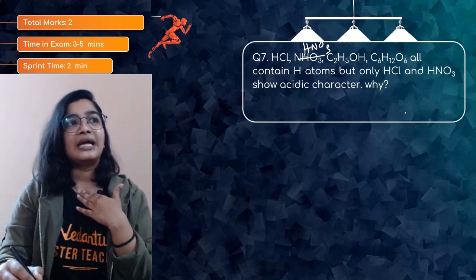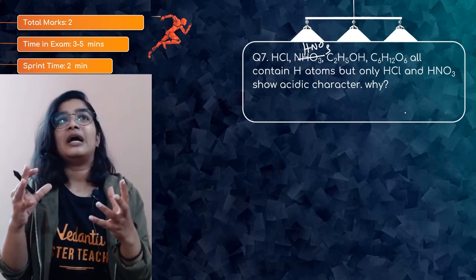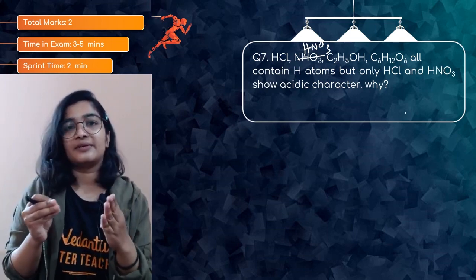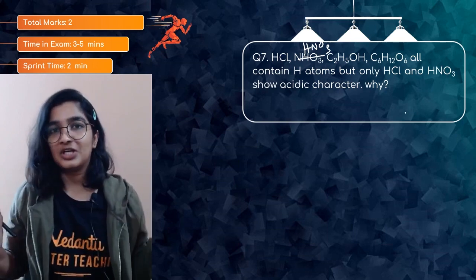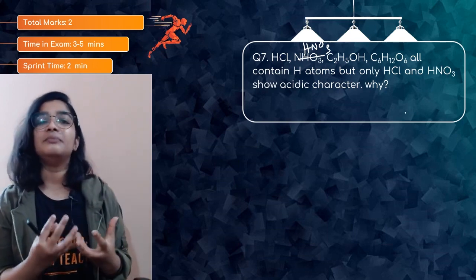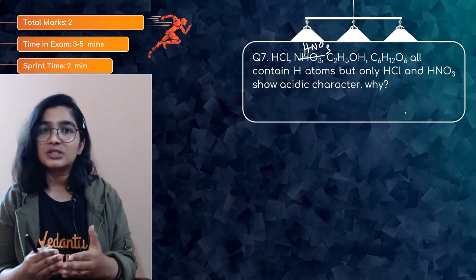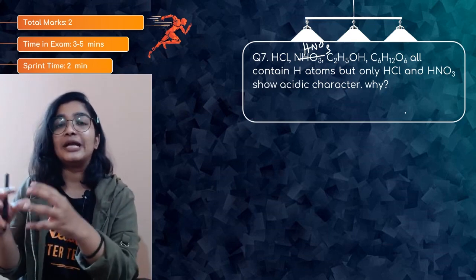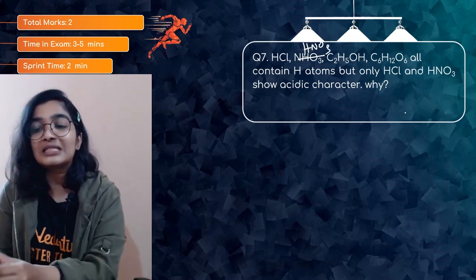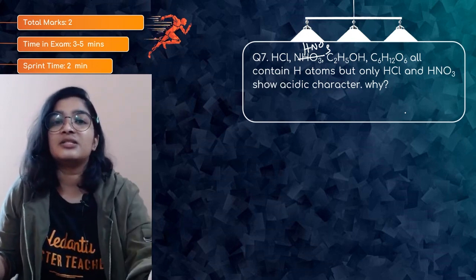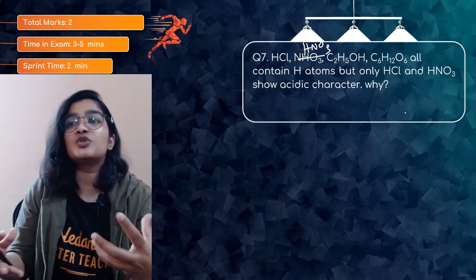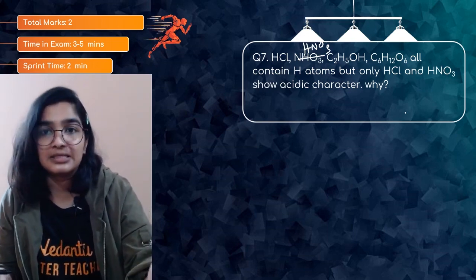You remember that activity where if you pass hydrogen chloride gas over dry litmus paper, there won't be any change, because it needs a medium to dissociate and produce hydrogen or hydronium ions. Then only you can call that substance an acid. Then only it shows the characteristics of an acid, right?